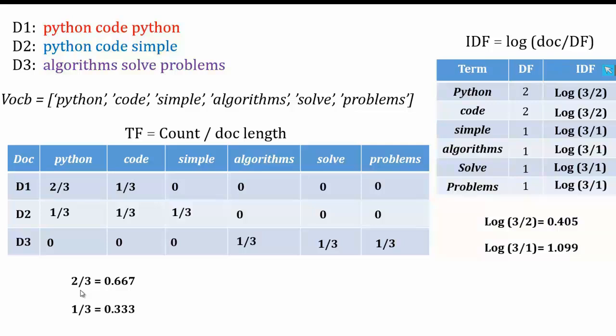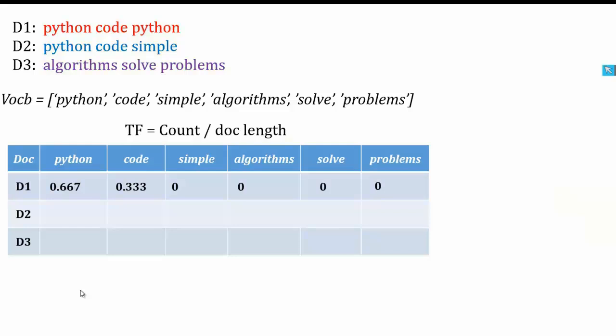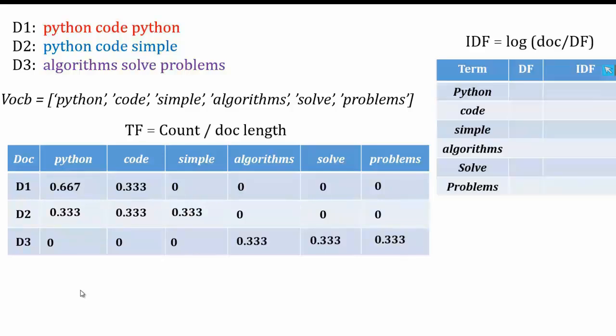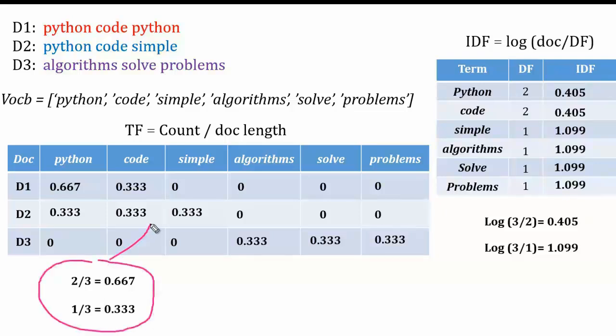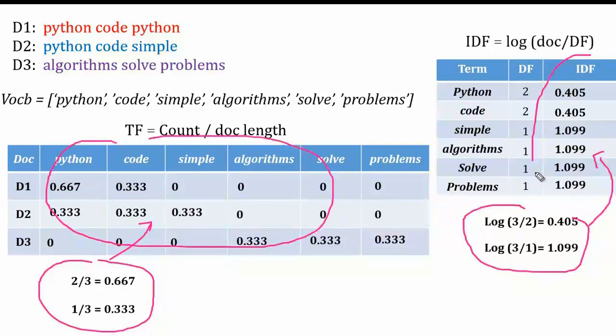So now let's replace the fractions with these values that I have done over here. Here I have replaced the fractions with these decimal values, and for IDF as well. So now, as you can see, we have TF values and IDF values, so we can calculate TF-IDF by multiplying them.